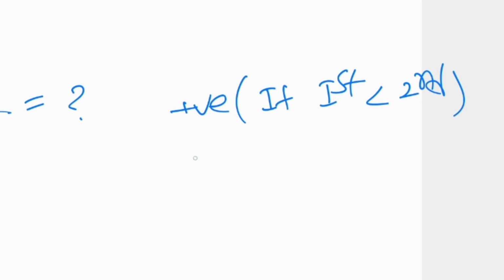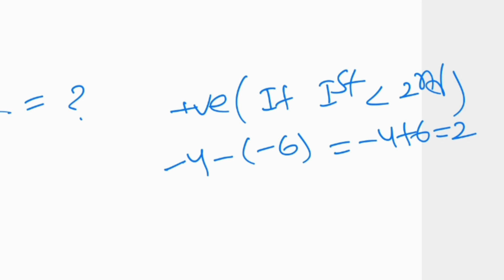For example, minus 4 minus of minus 6 is equal to minus 4 plus 6 is equal to 2. In this case, the first number is less than the second number, 4 is less than 6.